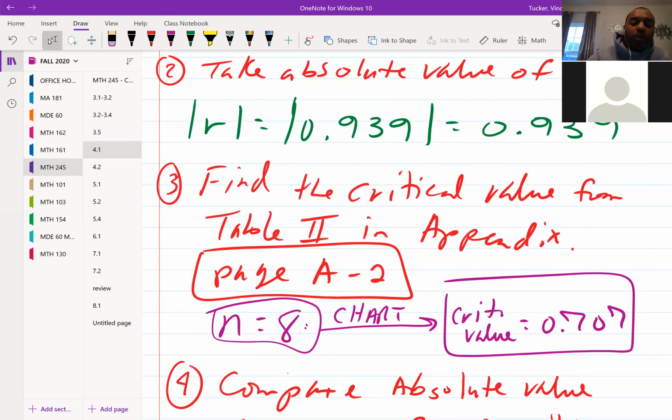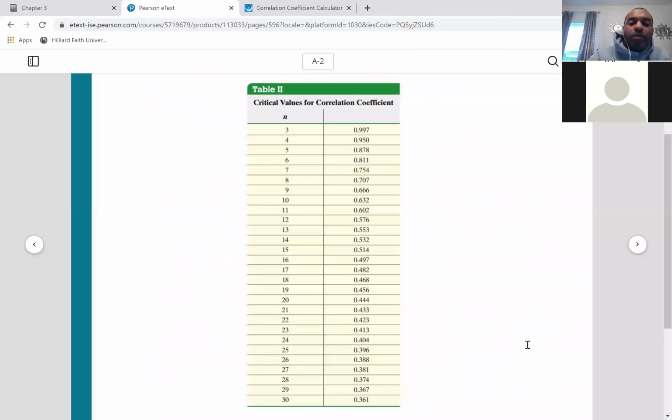So now if you go to the chart, for n equal to 8, and I can't write on the screen, but you see that when n is equal to 8, the critical value is 0.707. If n was 27, the sample size was 27, then we'd be looking at 0.381.